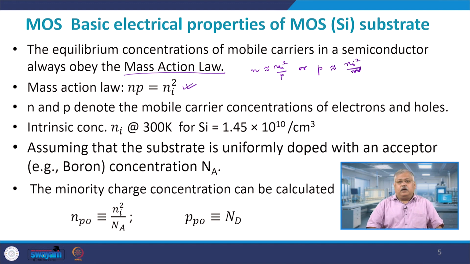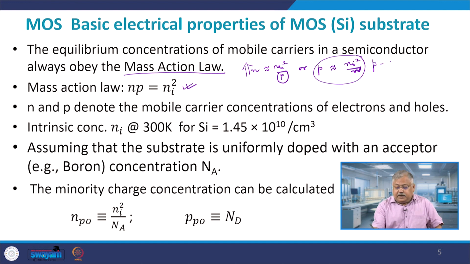Now, n and p obviously denote the mobile carrier concentration of electrons and holes. Now, let us take an N type semiconductor. In an N type semiconductor, p will obviously be the minority current carriers and electrons will be the majority current carriers. So, if you place the minority current carrier p here, which is a very small quantity, obviously your n will be very large, and vice versa when you take a P type semiconductor.